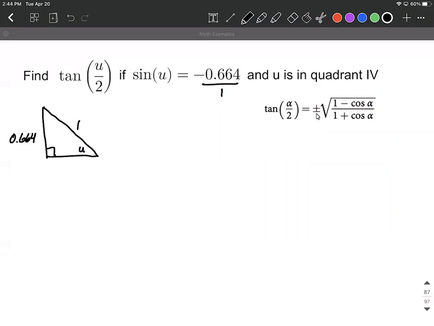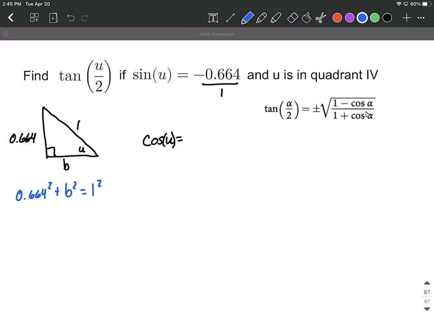To get cosine of u to plug in over here, we need to find the adjacent side. So let's find the adjacent side by using the Pythagorean theorem. I'm going to label this as side b. So that's going to be 0.664 raised to the second power plus b squared equals 1 squared.